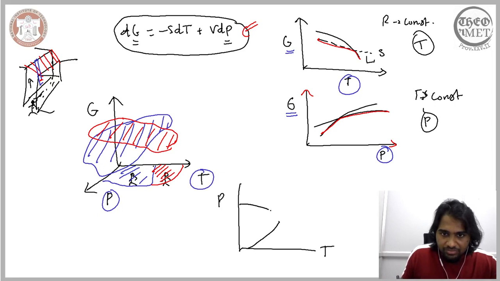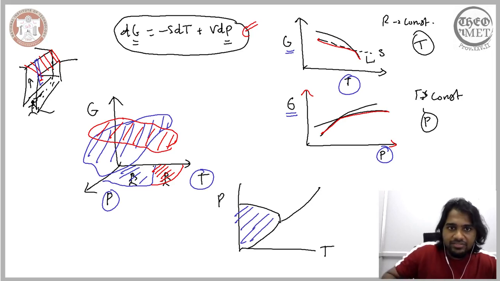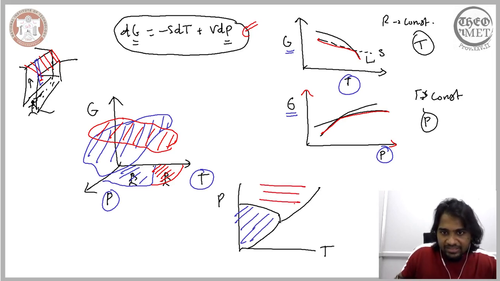You would have a region wherein you observe the blue surface, and in this region you observe the red surface.